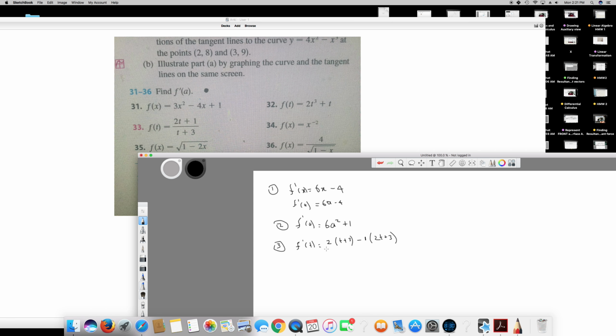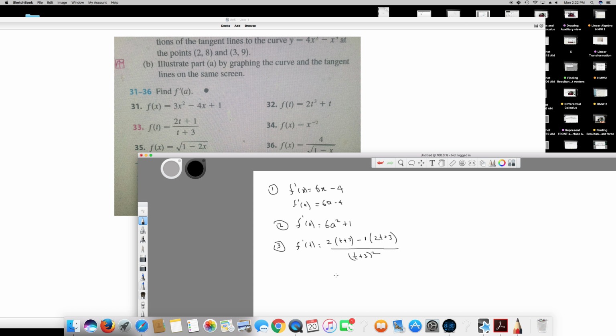According to the quotient rule, first of all we have to find the derivative of the top one and multiply by the bottom one, then minus the derivative of the bottom one multiplied by the top one, then the bottom's whole square, we have to square the bottom one. So it's going to be t plus 3 square.